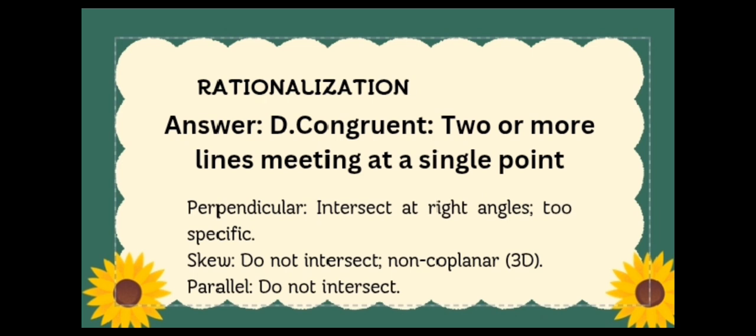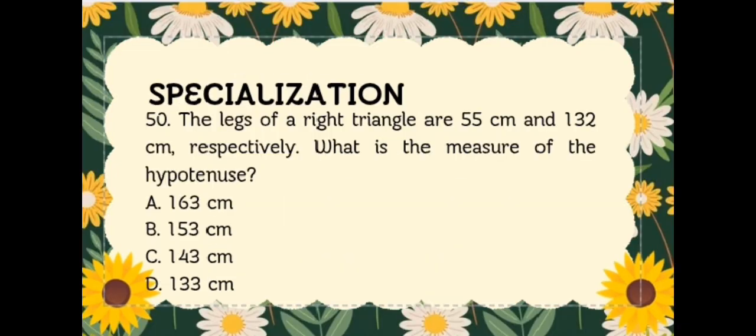So the answer is letter D, congruent, because two or more lines meeting at a single point. So perpendicular intersects at right angles. Skew do not intersect, or are non-coplanar or 3D. So parallel do not intersect.